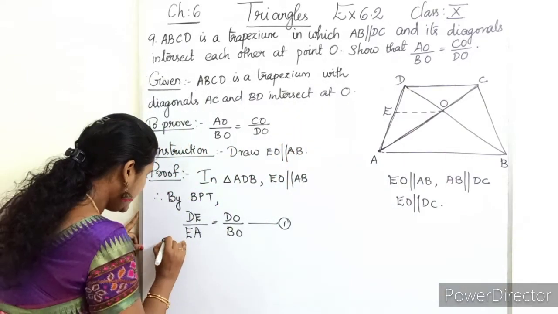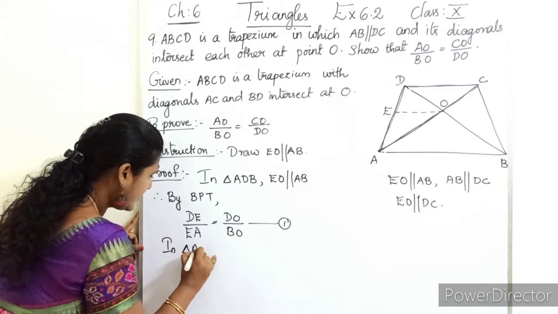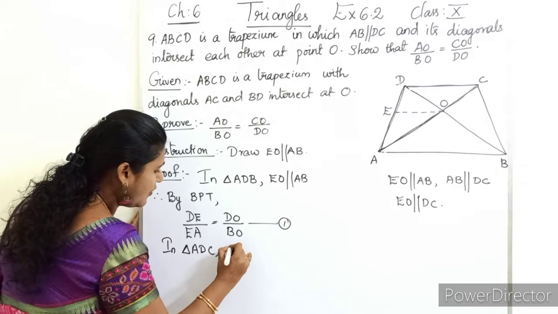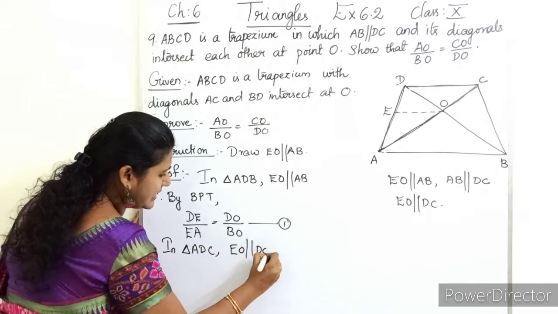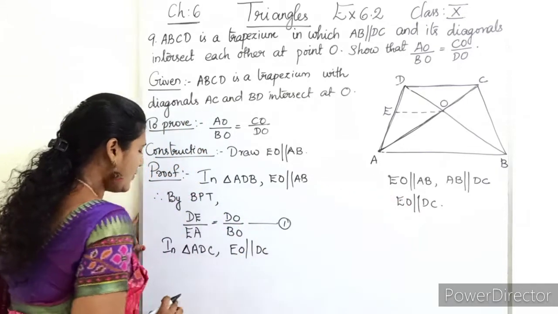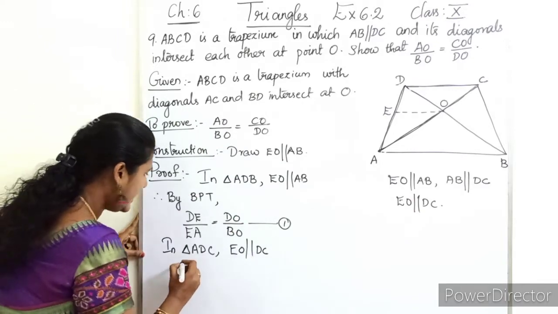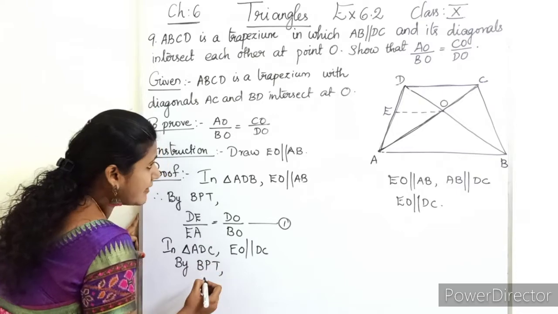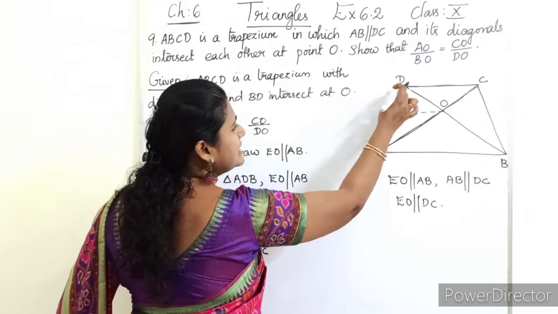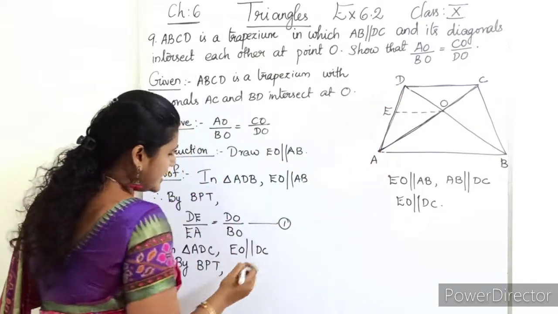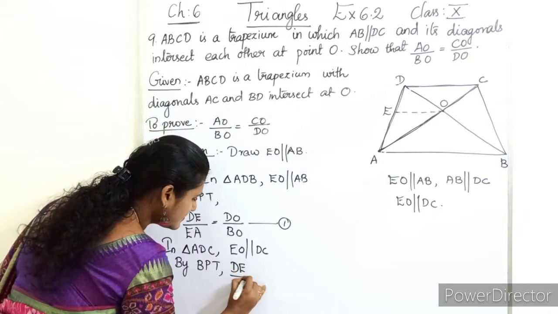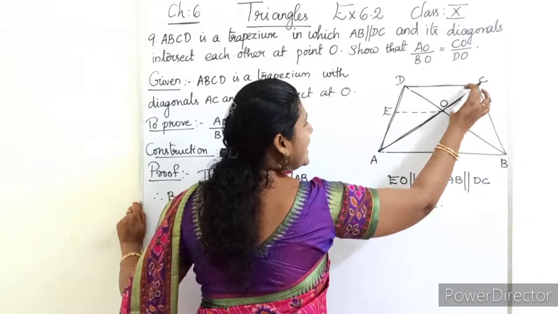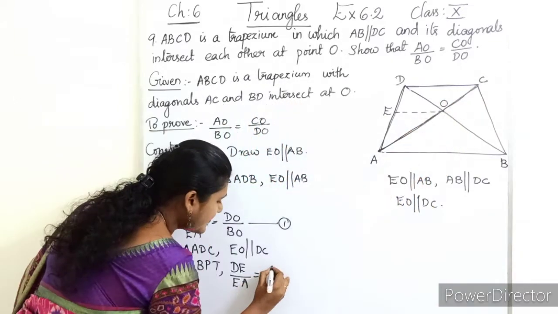So in triangle ADC, since EO is parallel to DC, again by basic proportionality theorem we can write DE by EA is equal to CO by AO.